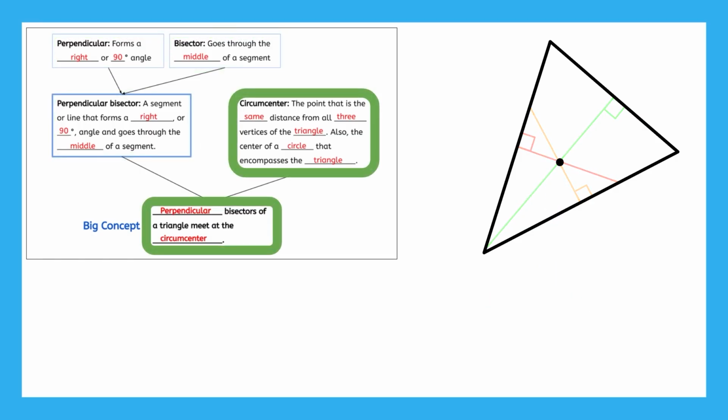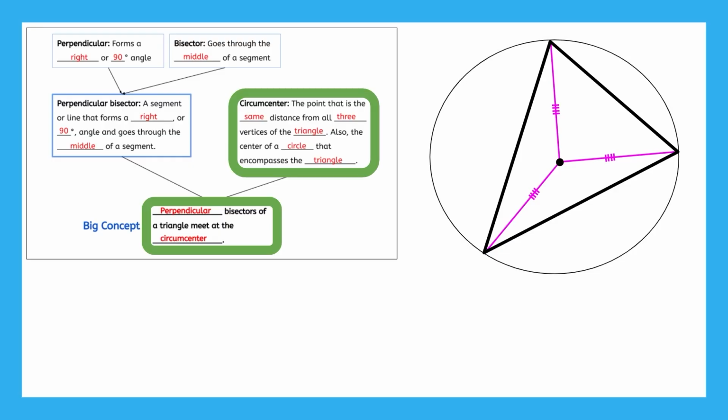The circumcenter is the same distance from all 3 vertices. So if I draw in segments going from the circumcenter to each vertex, I can mark all of those as congruent. The circumcenter is also the center of a circle that goes through all the vertices of the triangle.